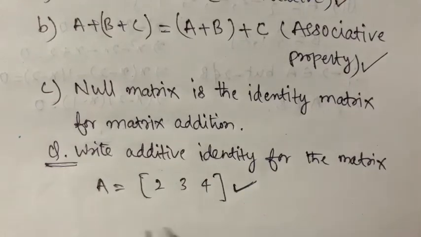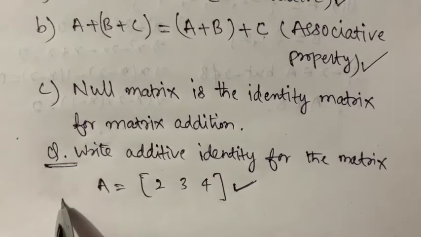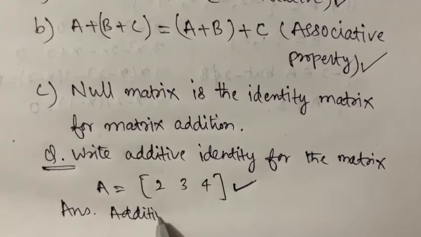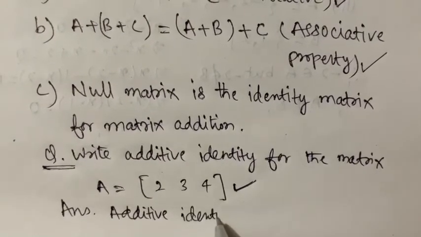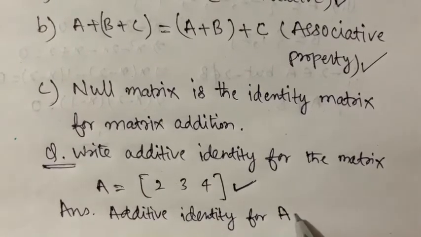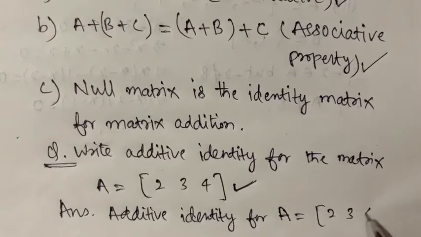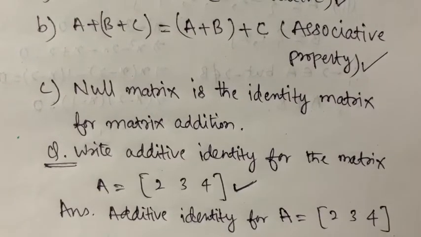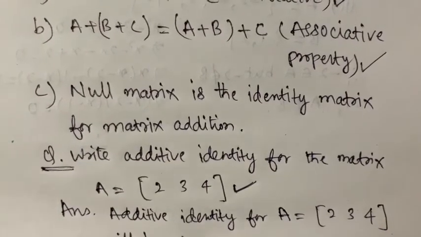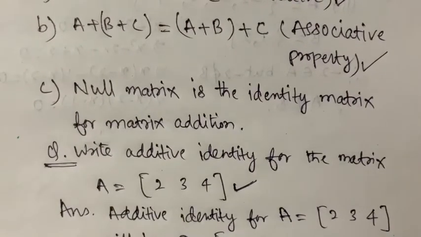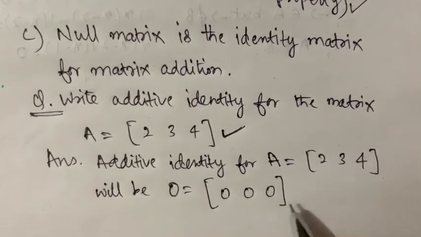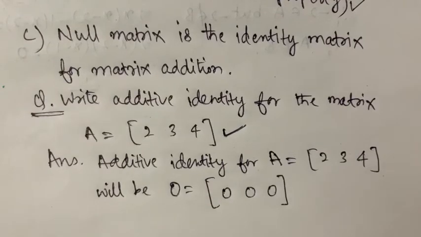Write additive identity for this matrix. We will have the answer for this. Additive identity for A equal to 2, 3, 4 will be O. Actually null matrices are represented by O, and it will have the same order as we have seen.